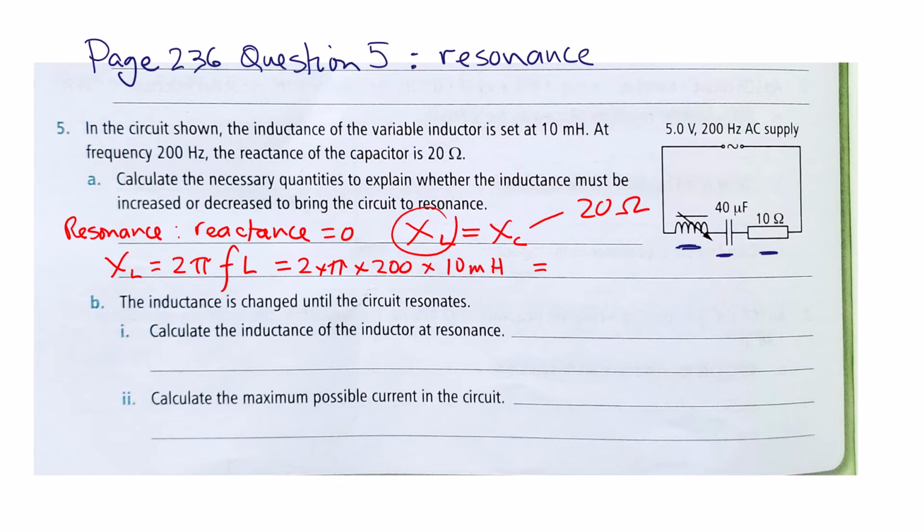That gives us a reactance of 12.566 ohm. Remember, reactance is an impedance, so it's measured in ohm. However, we've only got two significant figures, so we're going to call that 13 ohm.